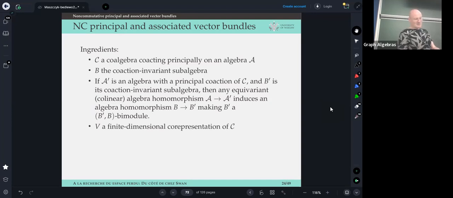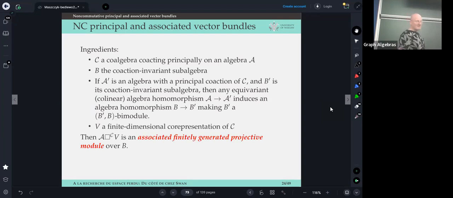And then we see that if we have an algebra with the principal coaction of this coalgebra, and B prime is its coaction-invariant subalgebra, then any equivariant, colinear algebra homomorphism from A to A prime induces an algebra homomorphism between these invariants.